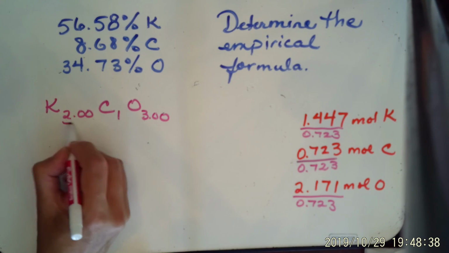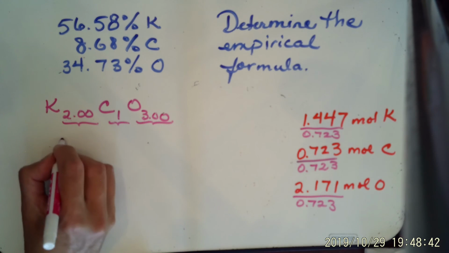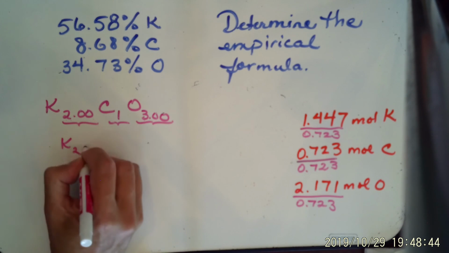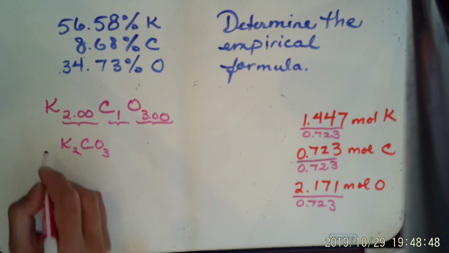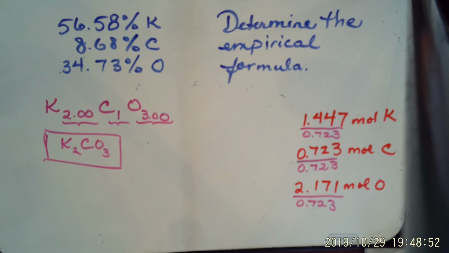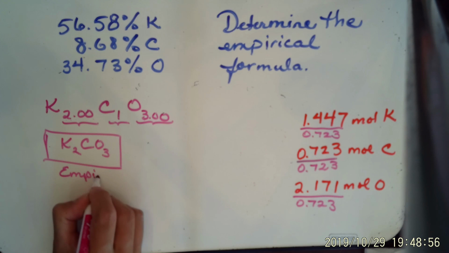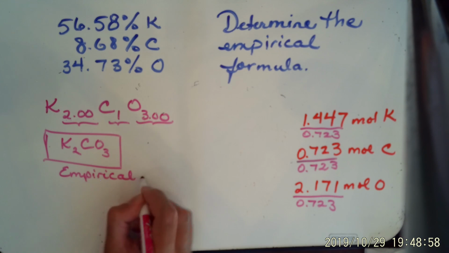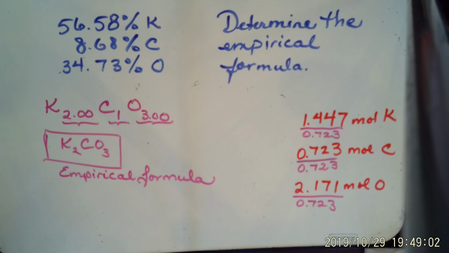So these are basically all integers. You want these to be integers. So potassium 2, 1 carbon, and oxygen 3. So this is our empirical formula. Okay, so let's try one more example in the next slide.